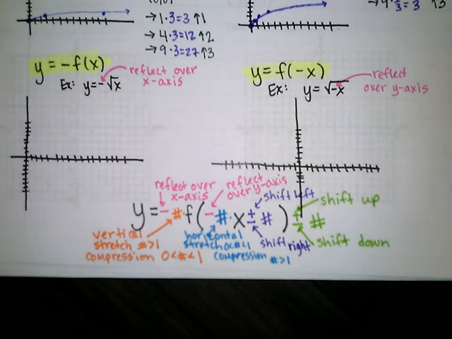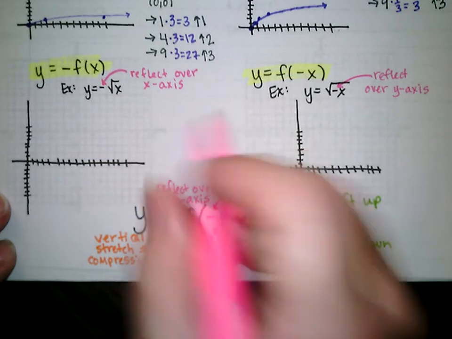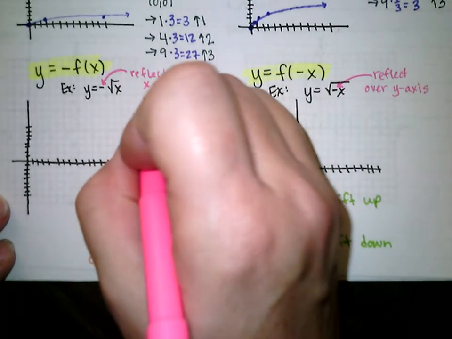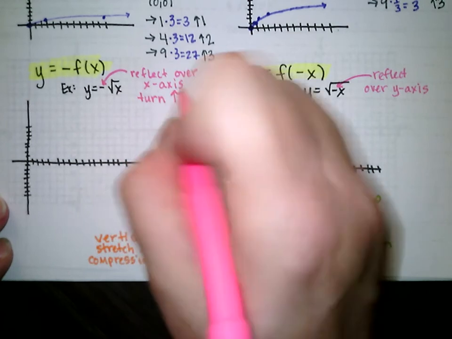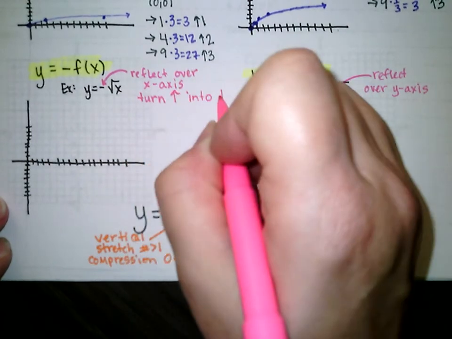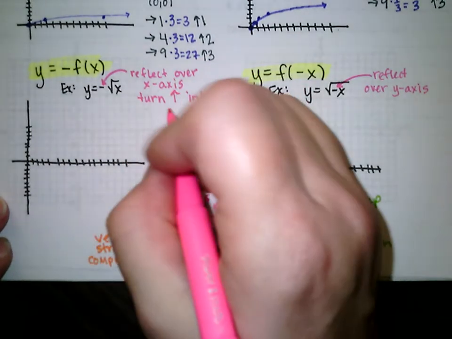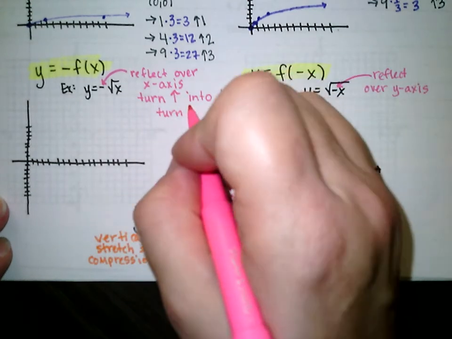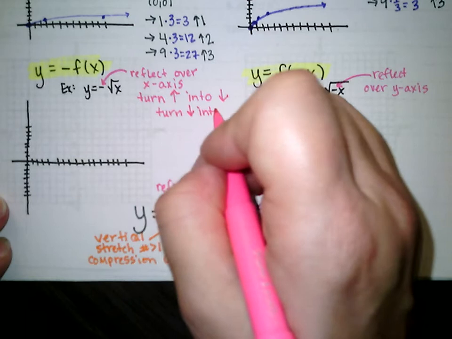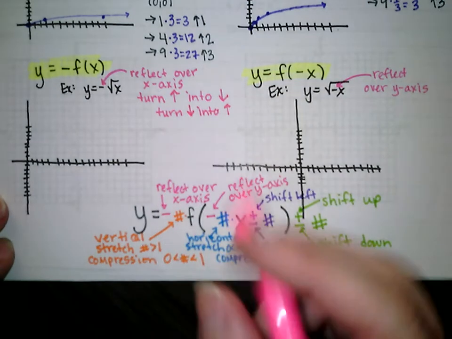So when we reflect over the x-axis, one way to look at that is to multiply all of our y values by -1. Another way to look at it is to say that it's going to turn your ups into downs and vice versa. When you get to the reciprocal function, you have downs, so it turns your downs into ups, turns your ups into downs.